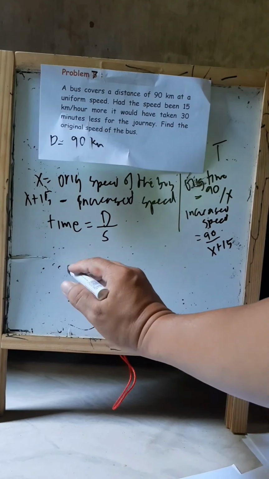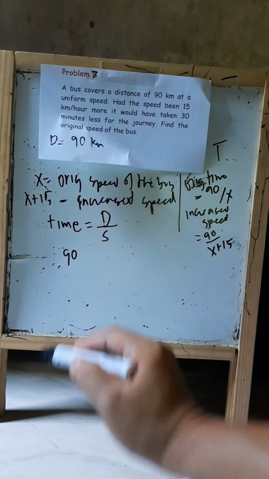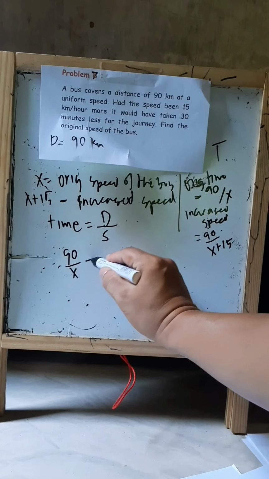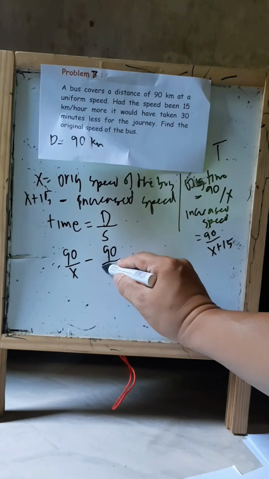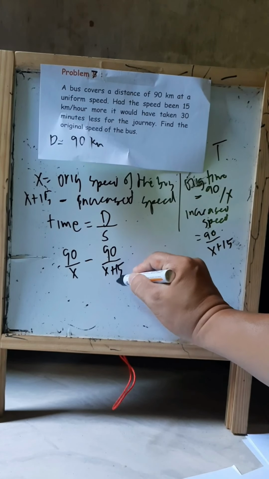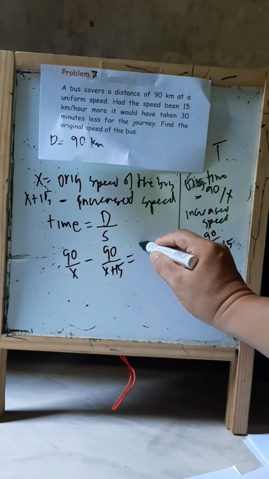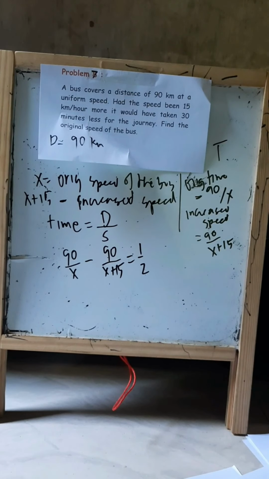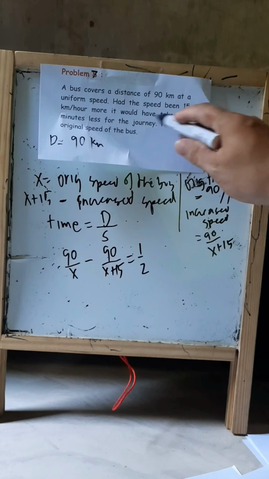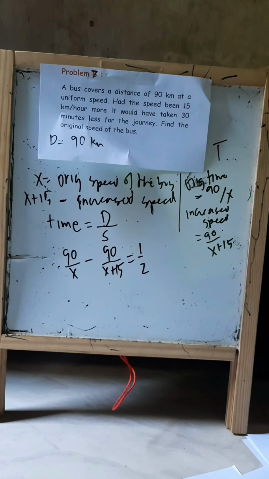So our equation now is 90 over x minus 90 over x plus 15 is equal to 1/2. Why 1/2? Because 30 minutes is 1/2 an hour.